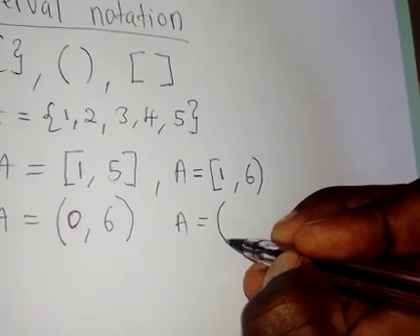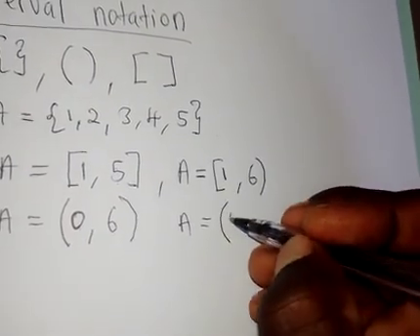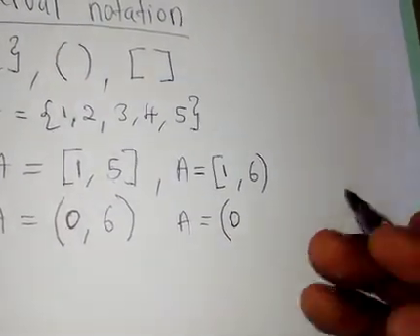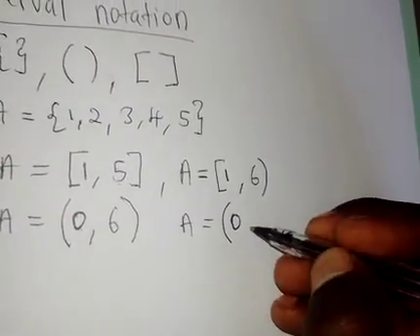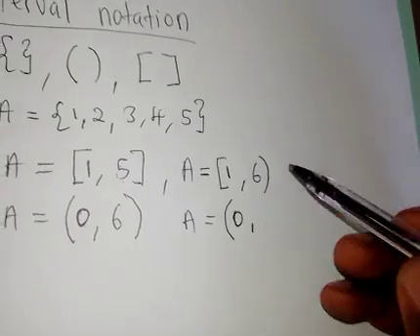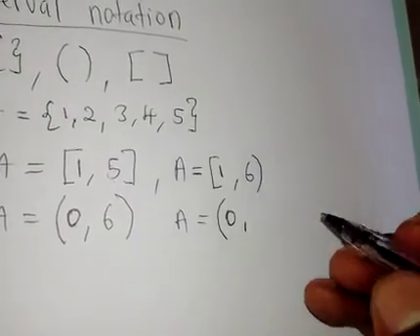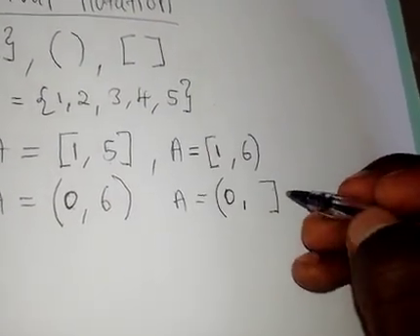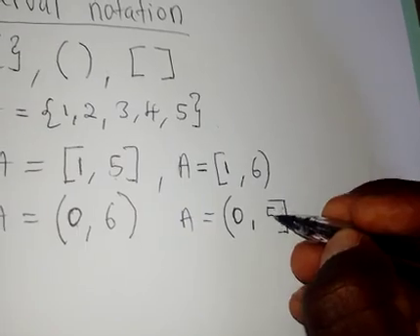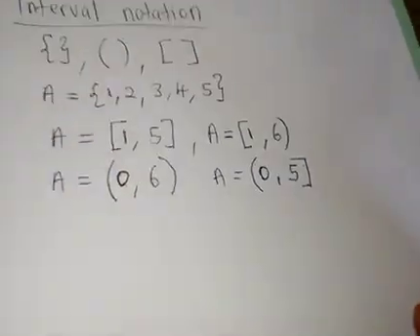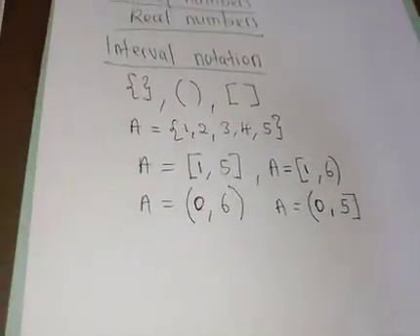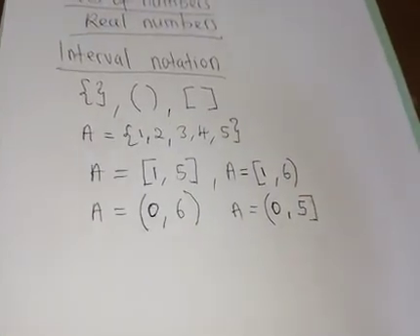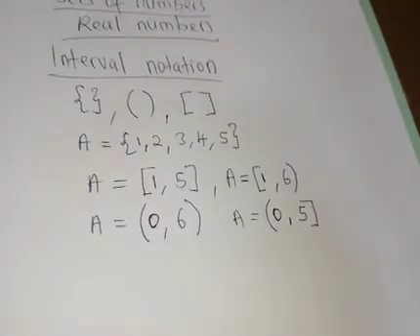I start with a round bracket, so instead of writing 1, I'll write 0, so that we start counting from 1. This 0 is not included, comma, then we move on to, let's say I use a square bracket like that. So instead of using 6, I'll use 5. So this is how you use round and square brackets to represent sets.